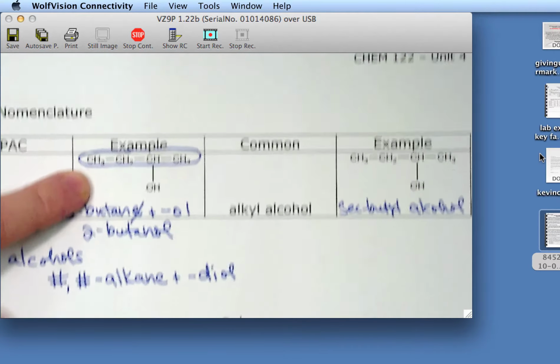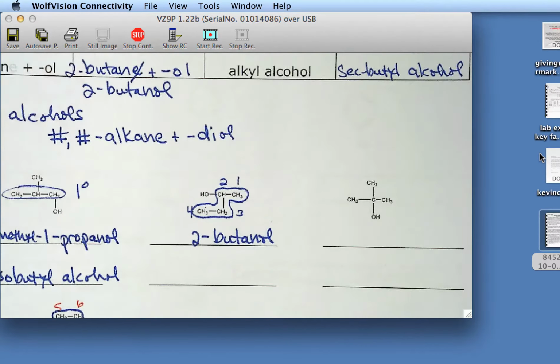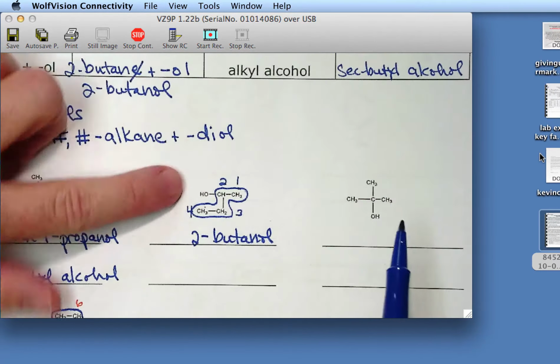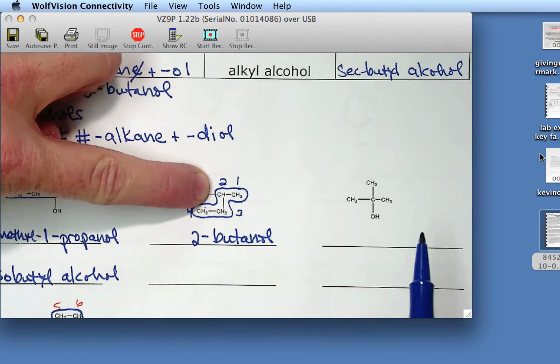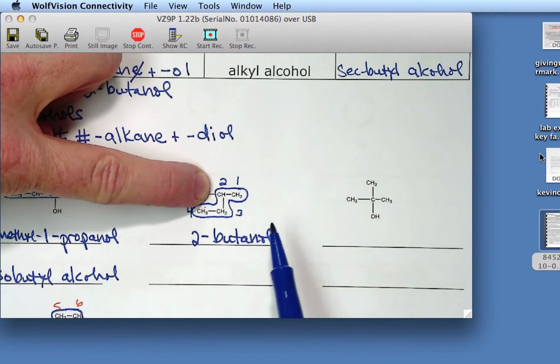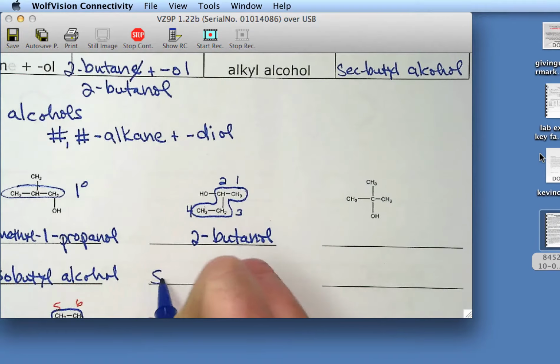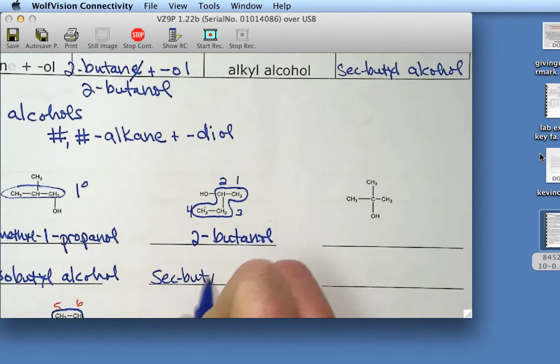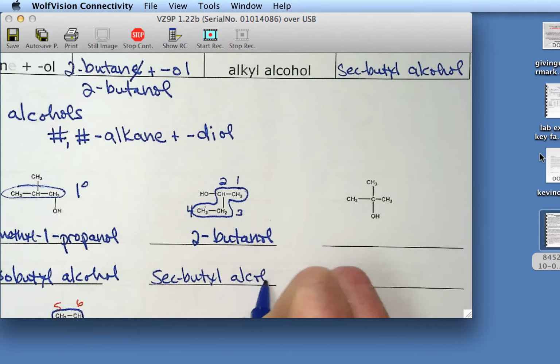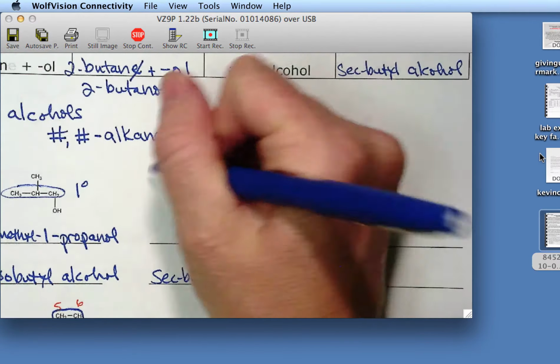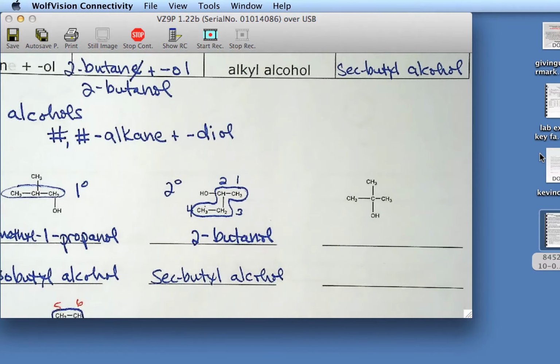But it's just written a little differently, right? So the common name, cover up the OH, that's sec-butyl alcohol. And then, is it primary, secondary, or tertiary? Secondary. Good.